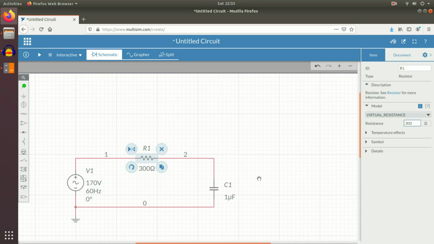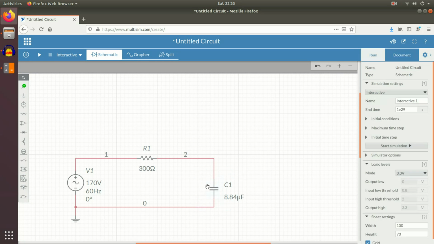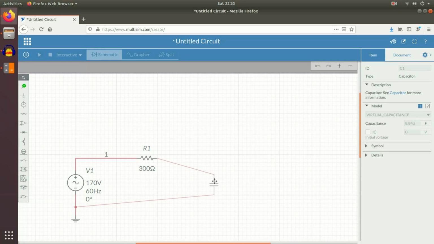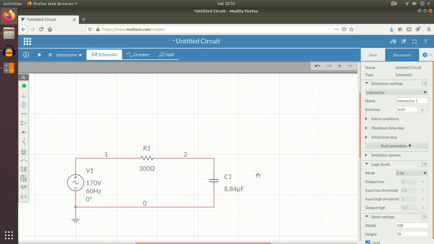Change the resistor to 300 and change the capacitor to 8.84 microfarads. And I'll leave it up to you to run the capacitive reactance formula for that one. To test it out, we're going to add an amp meter.